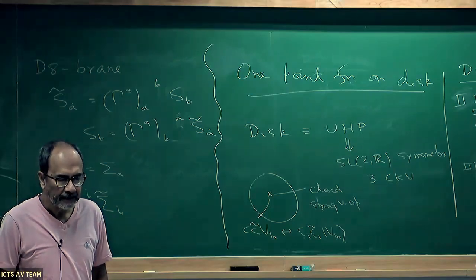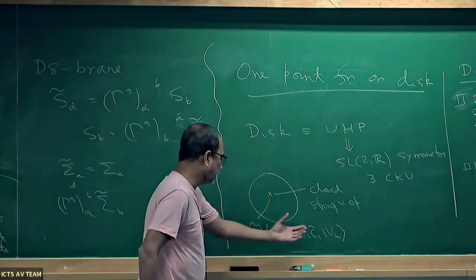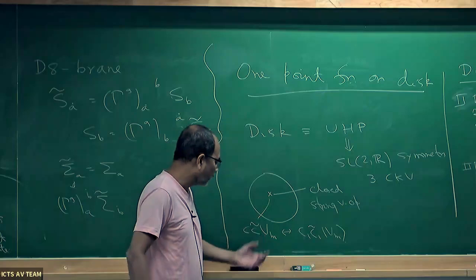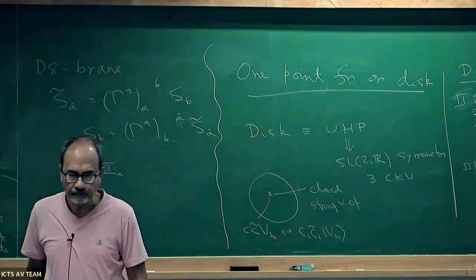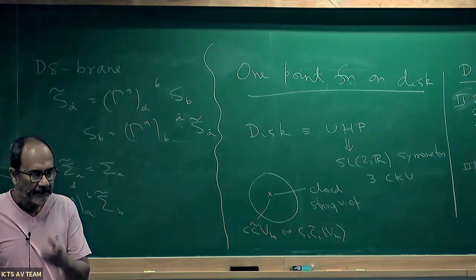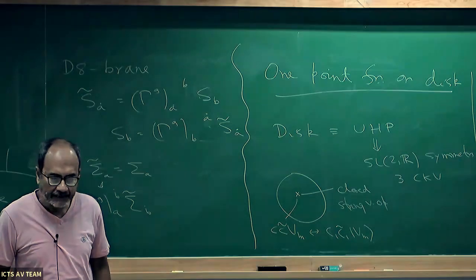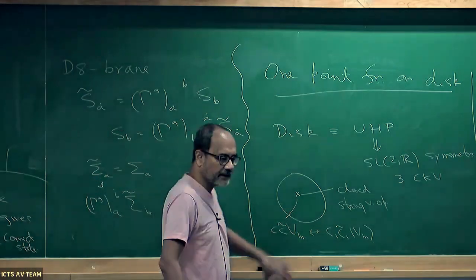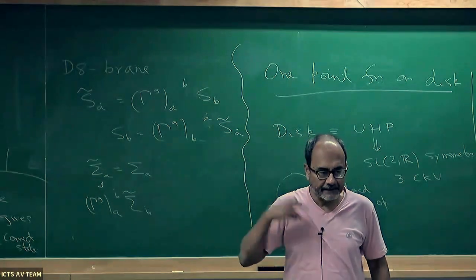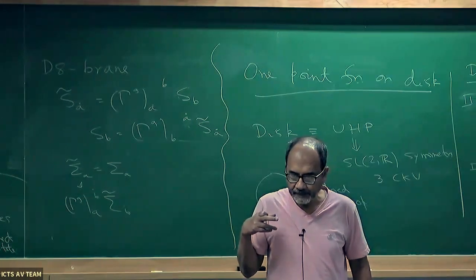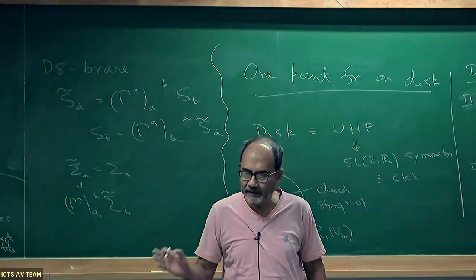Is that clear? We need 3 ghost insertions. So this answer will vanish. If we just naively calculate the 1-point function of c c-tilde V_m, this will give you 0.